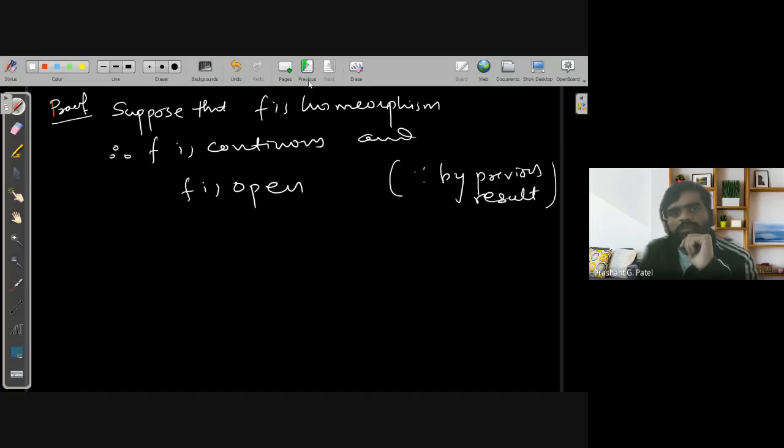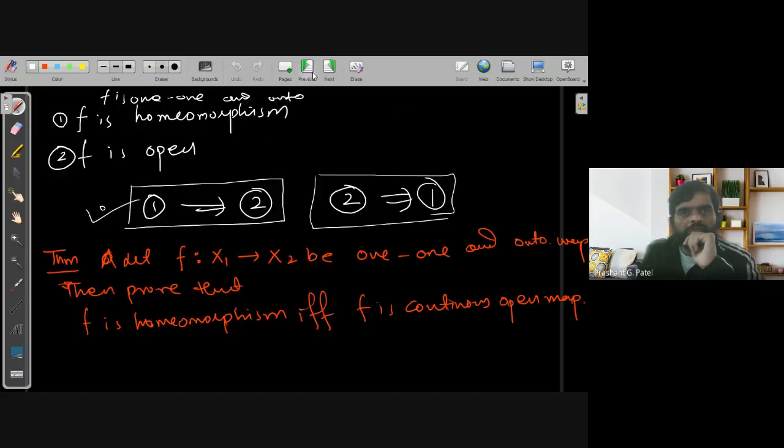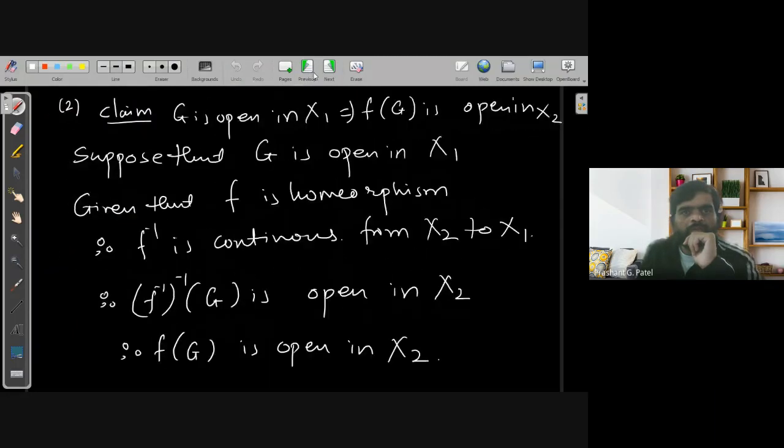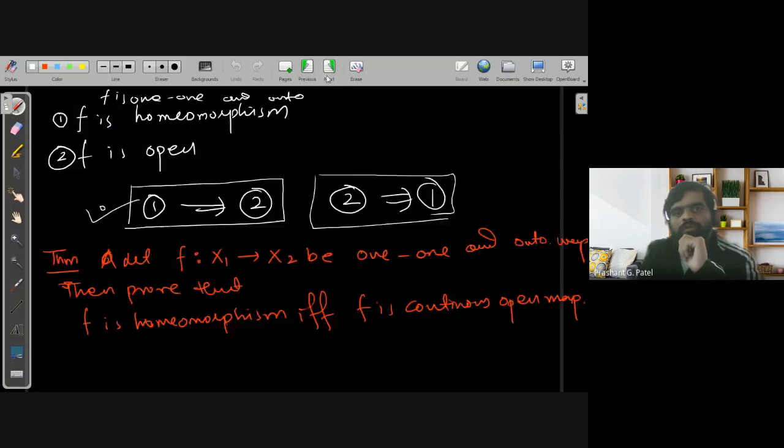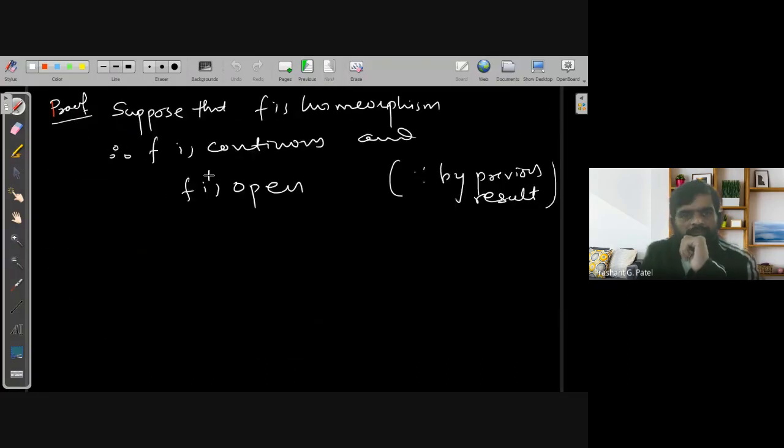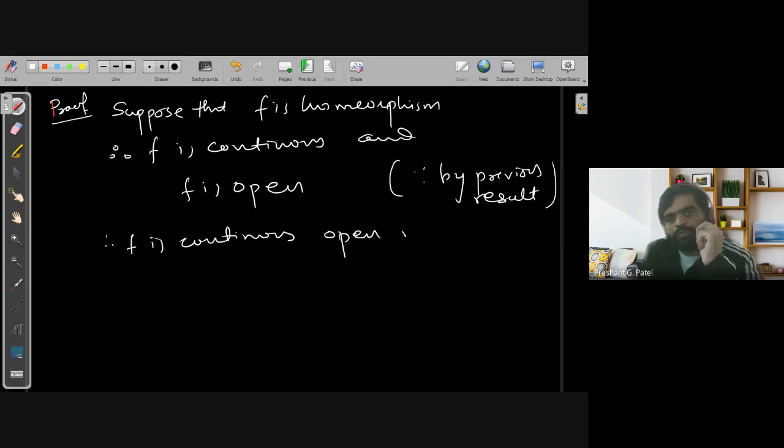Previous result means we have proved the statement that G is open implies f of G is open. That is exactly the definition of an open map. So f is a continuous open map. So that proves that statement.